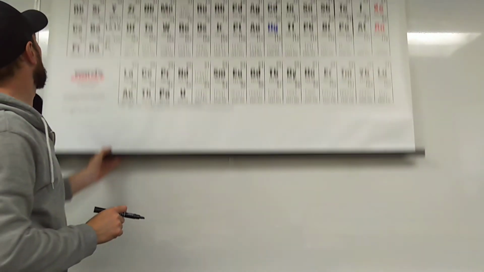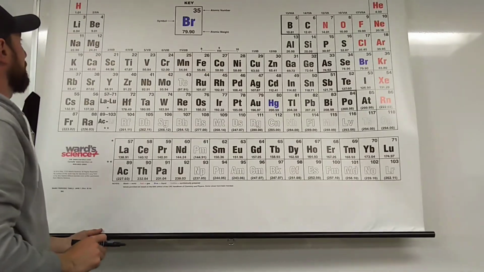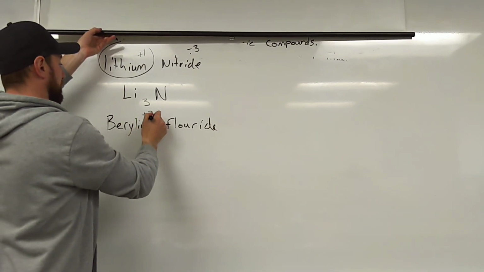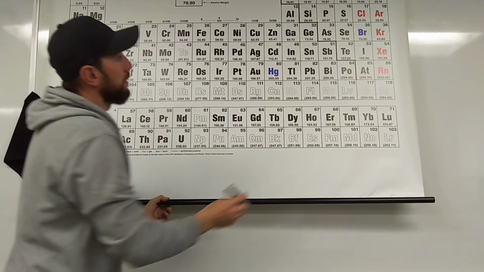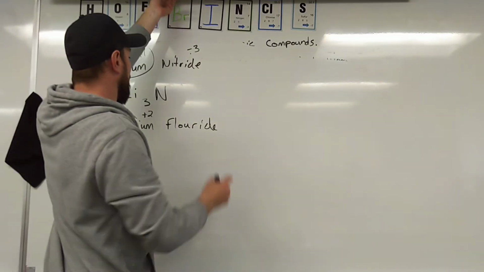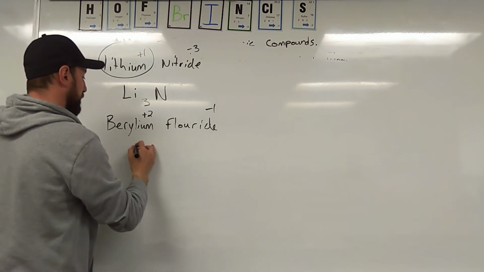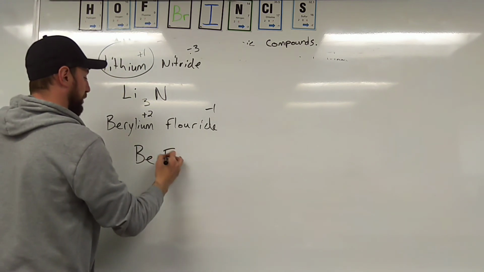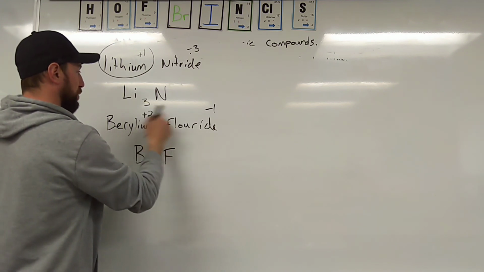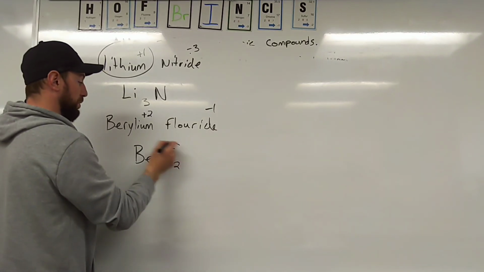Beryllium is in the second row, so it has a charge of +2. Fluorine is -1, so it would be BeF, and now there's 2 of these, so to get 2 and 2 you would need 2 fluorine, so BeF2.